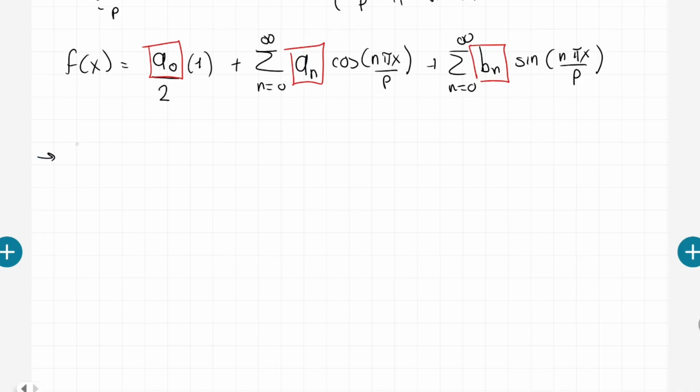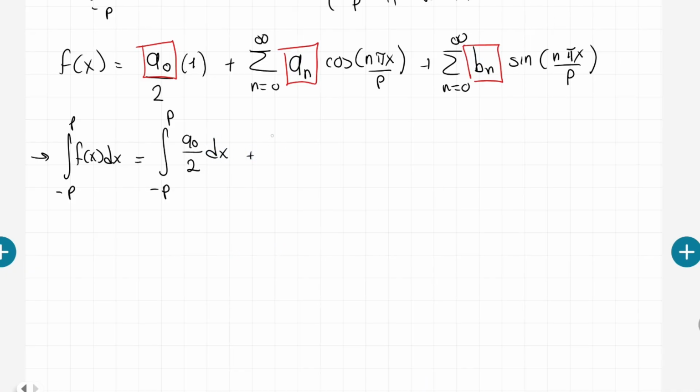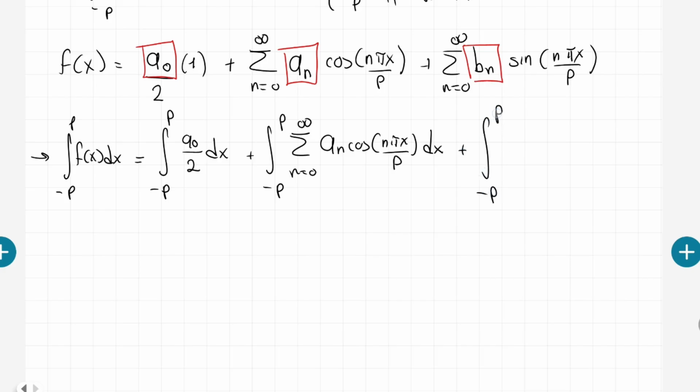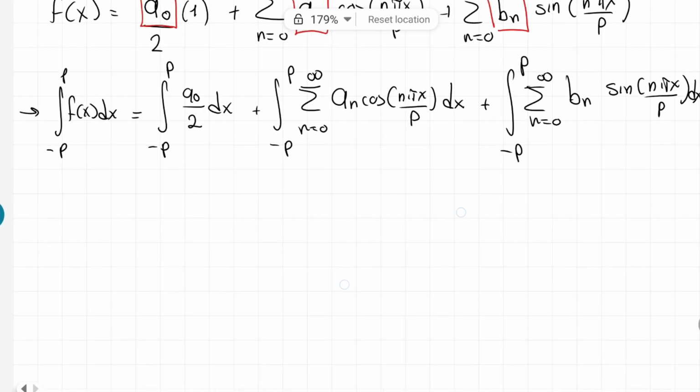In the first step, we get the integral from negative p to p of f of x dx equal to the integral from negative p to p of a0 over 2 dx, plus the integral from negative p to p of the sum from n equals 0 up to infinity of a sub n cosine of n pi x over p dx, plus the integral from negative p to p of the sum from n equals 0 to infinity of b sub n sine of n pi x over p dx.